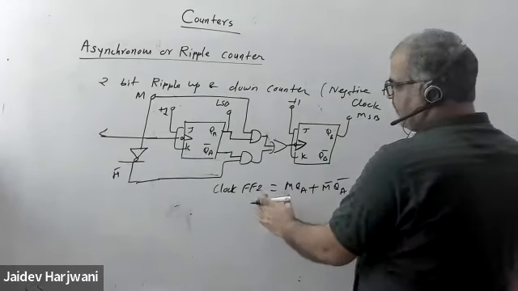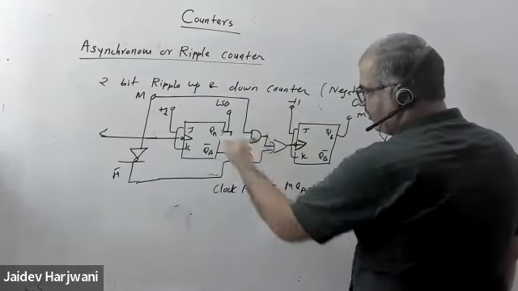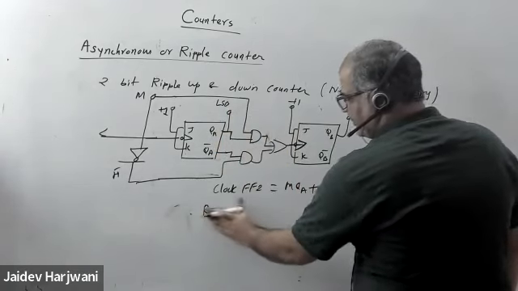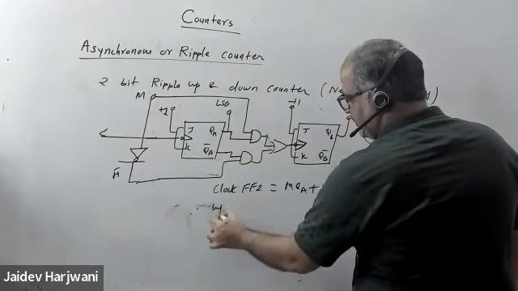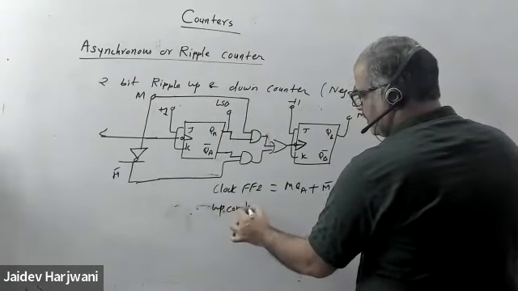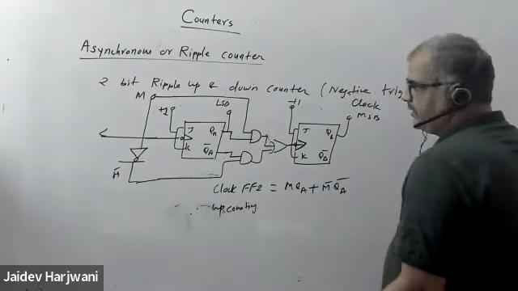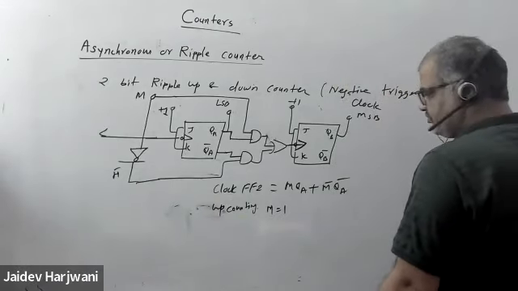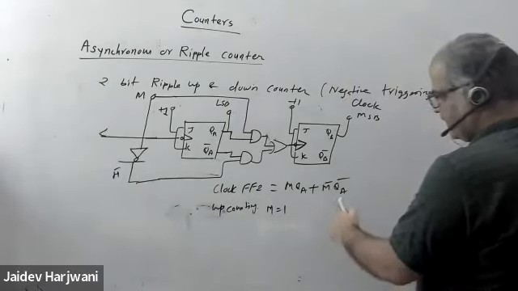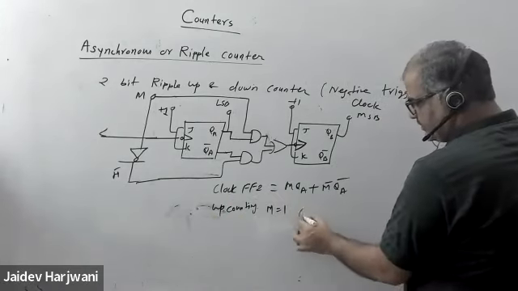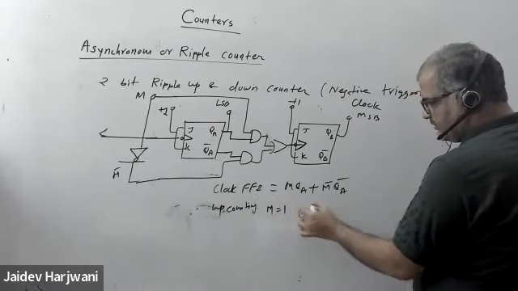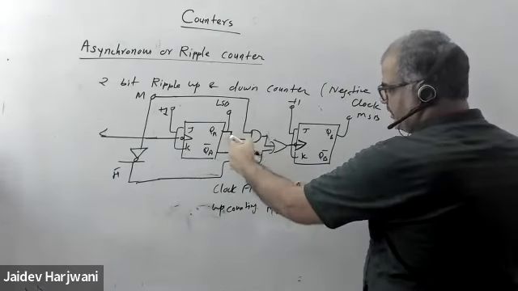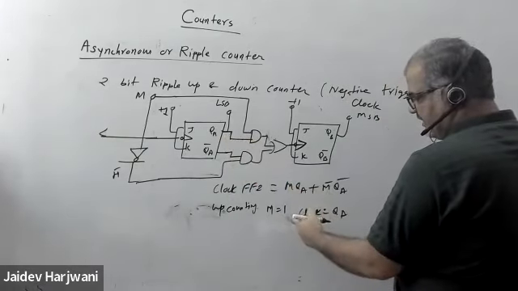Okay, now I want to make it count ripple up. So I want up counting. For up counting, I'll put M equals 1. When I put M equals 1, automatically my clock becomes QA, because M is 1.